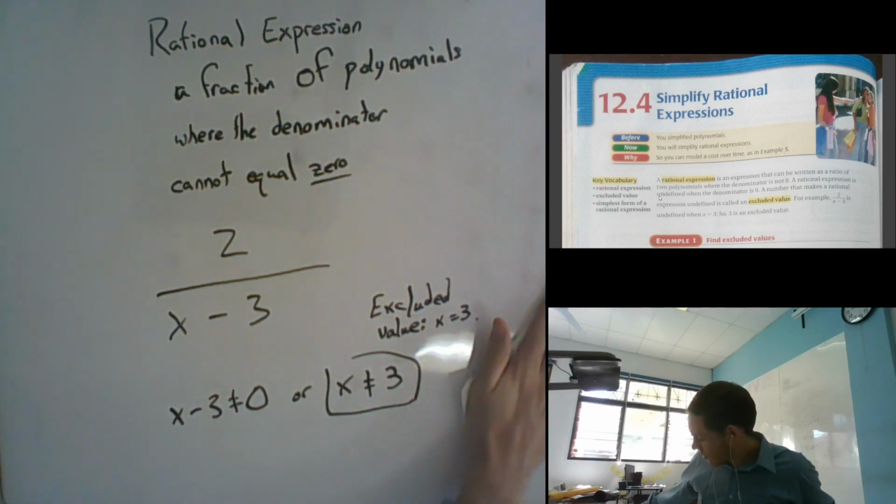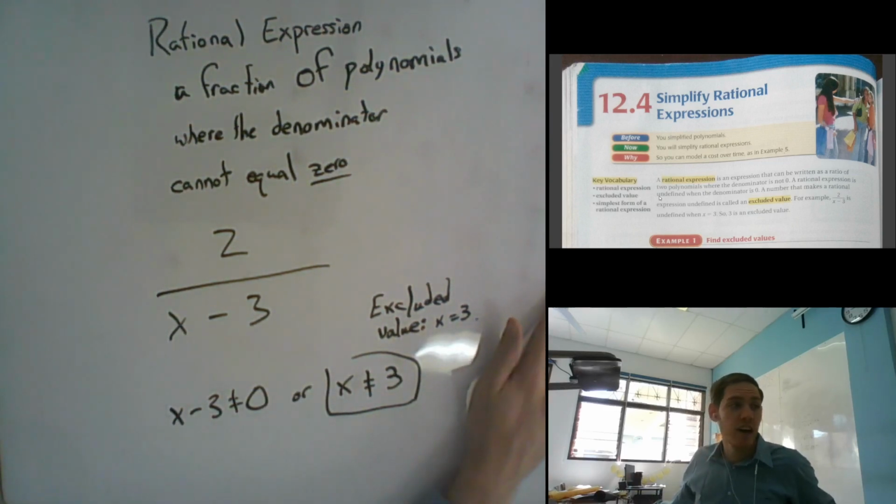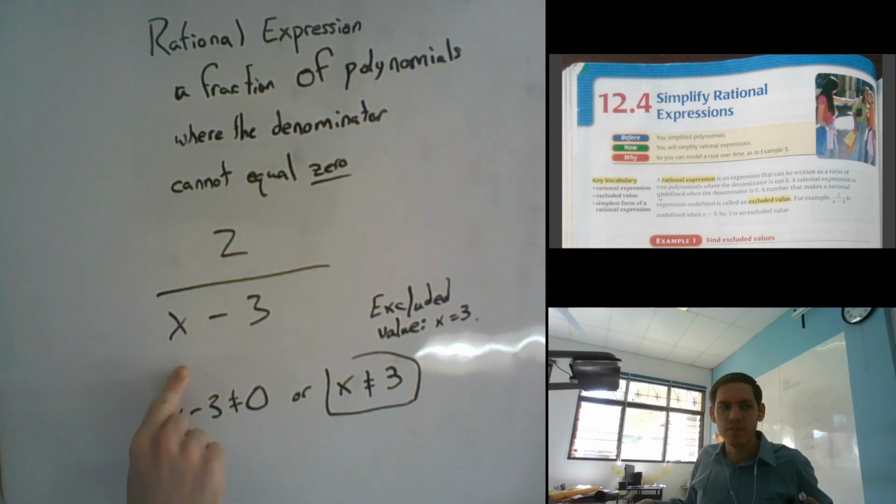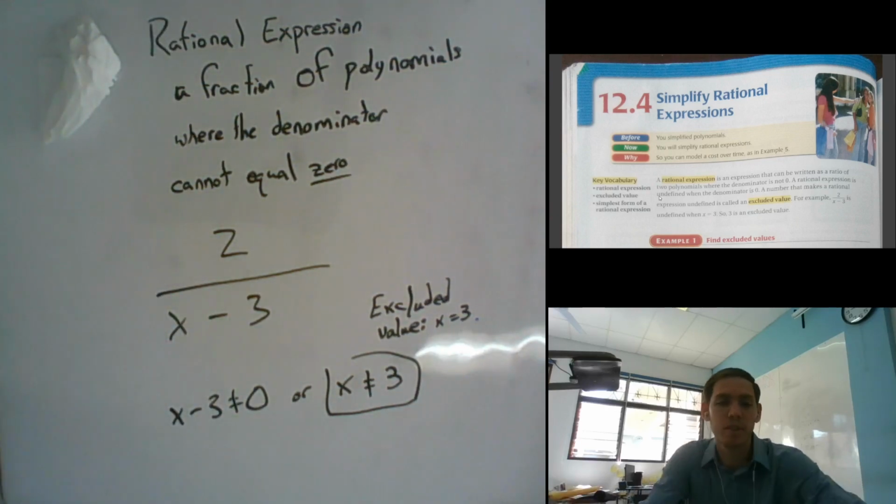Okay, so excluded value is, if you set the denominator equal to 0, what? Yeah, it's going to include a variable. So Ezra, it is going to include a variable. I'm going to just type that.